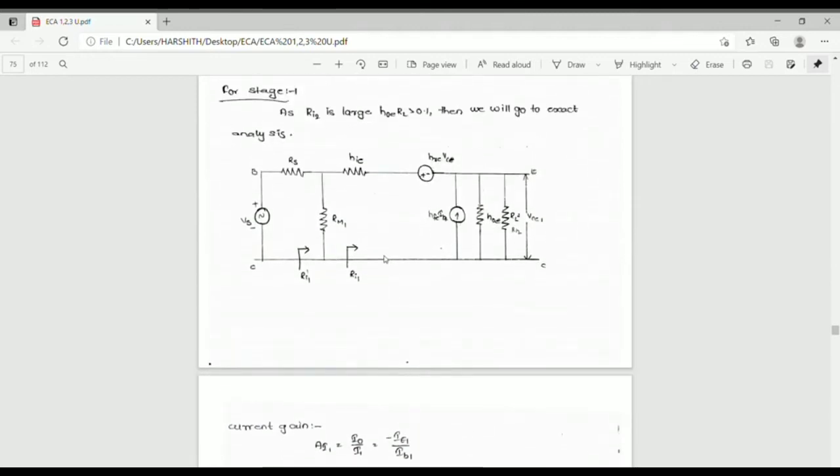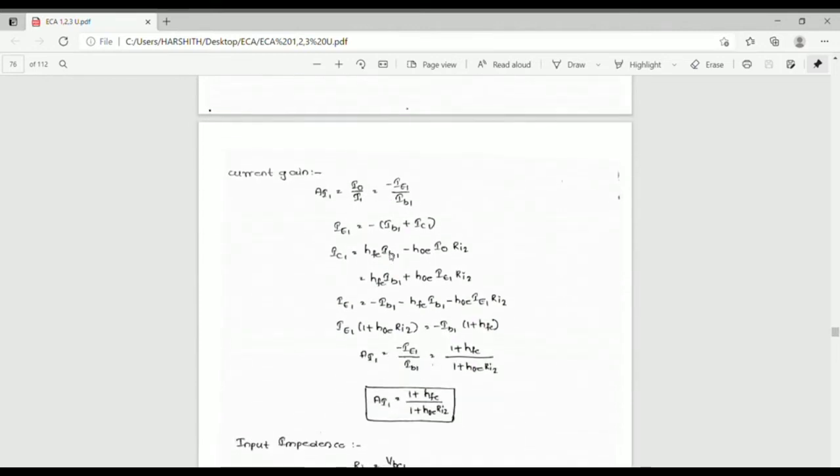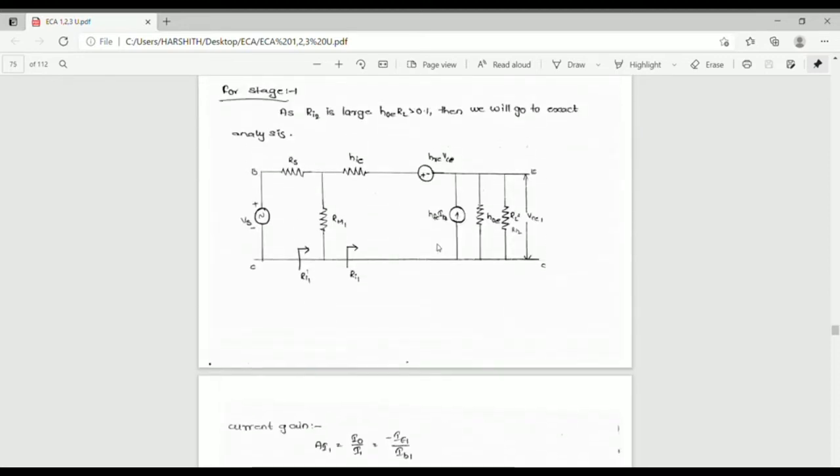In the circuit diagram, current gain AI1 equals output current by input current, so I0 by Ii. In this, the output current is the emitter current, so minus IE1, by the base current IB1, the input current.